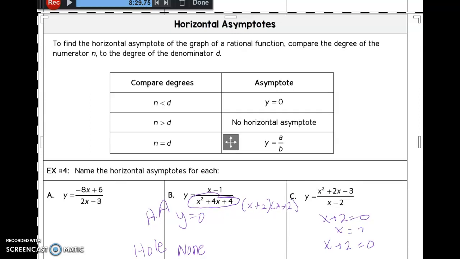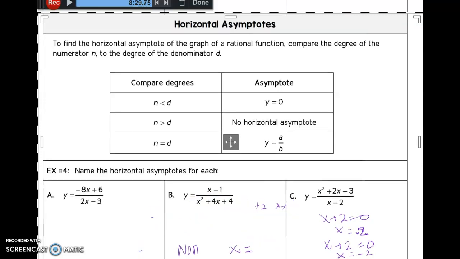So x equals -2 and x equals -2. Okay, so my vertical asymptote, I don't have to write it twice since it's the exact same answer. My vertical asymptote is x equaling -2. So my horizontal asymptote, vertical asymptote, and none. That's there's no holes.